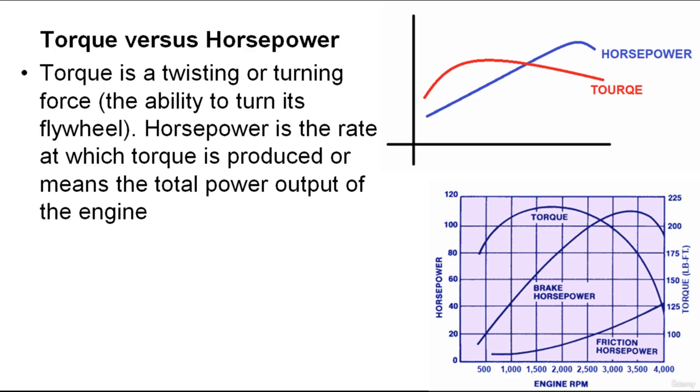This graph shows that torque begins to decrease when the engine's speed reaches about 1,700 revolutions per minute. Brake horsepower increases steadily until about 3,500 revolutions per minute. Then it drops.